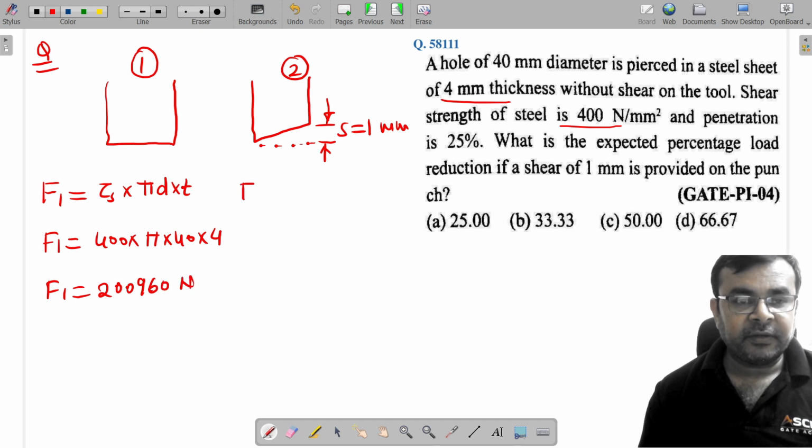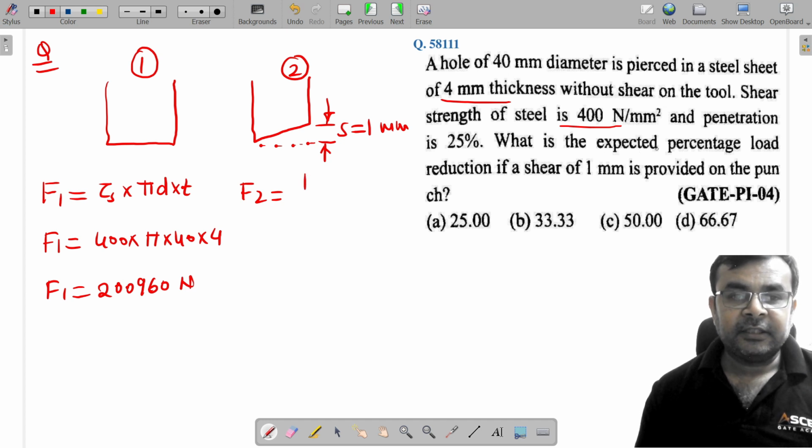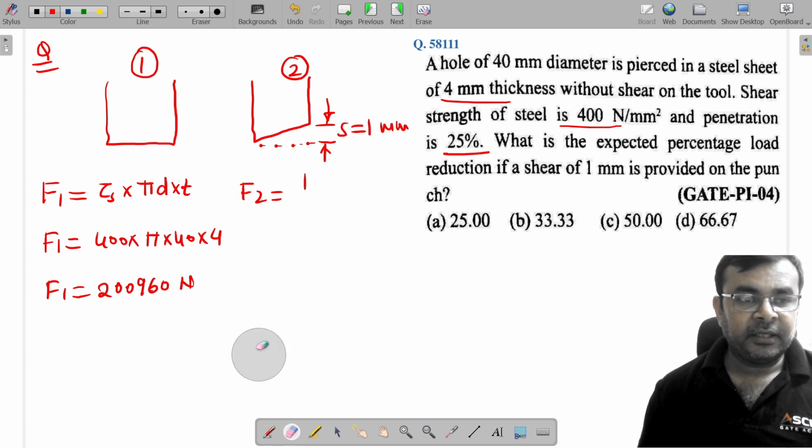And with shear, the penetration is 25% of sheet thickness, so we also need to multiply by one factor, that is 0.25.